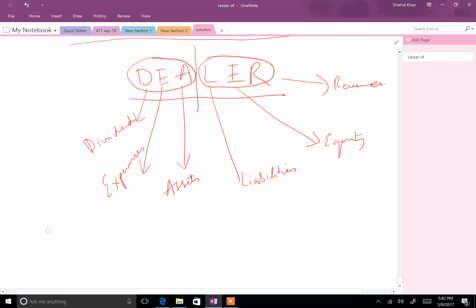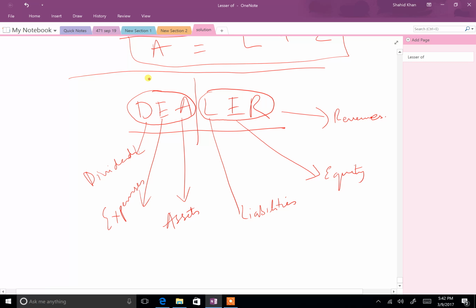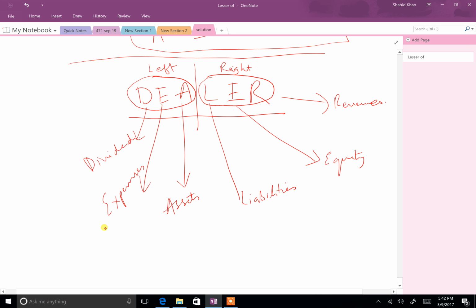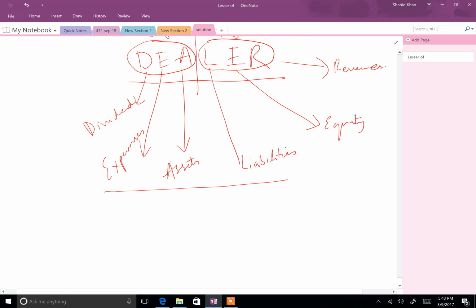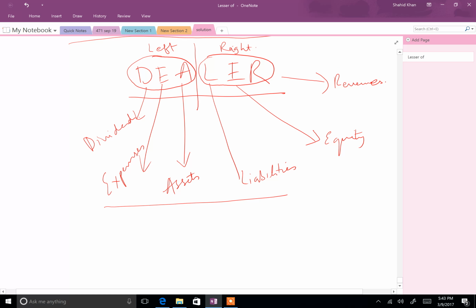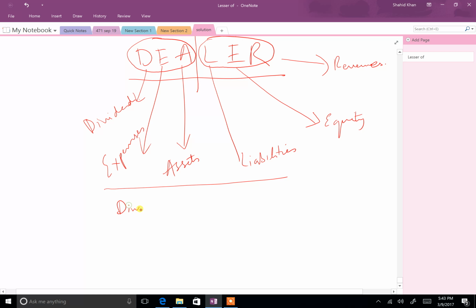So I'm going to first talk about the left side and then the right side, in steps.